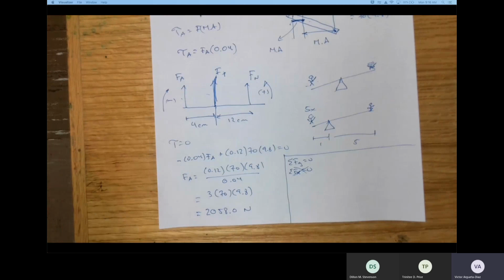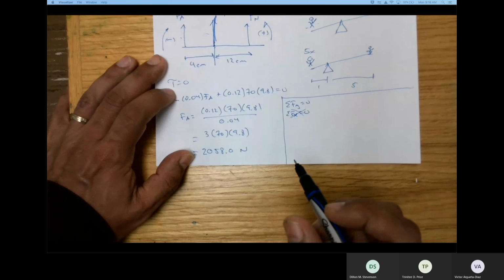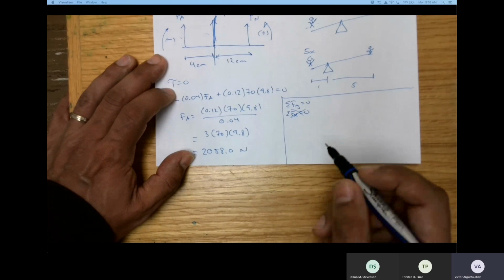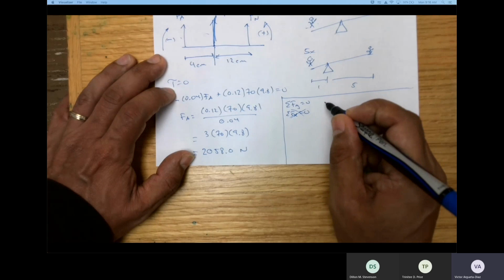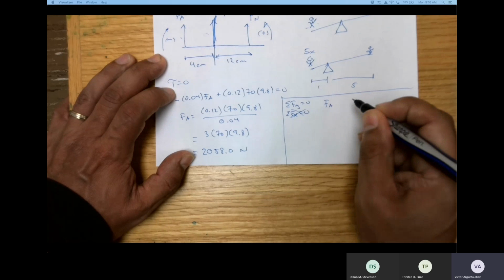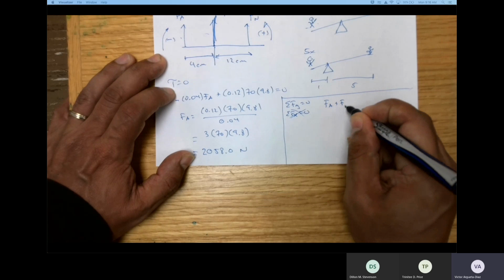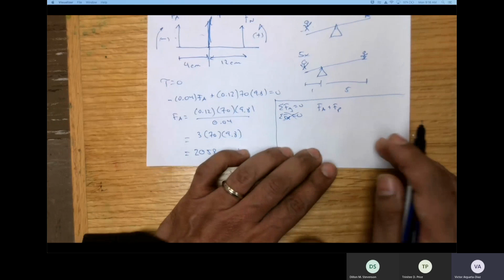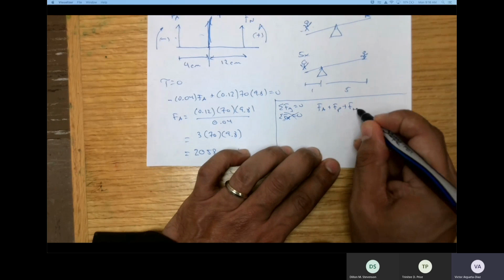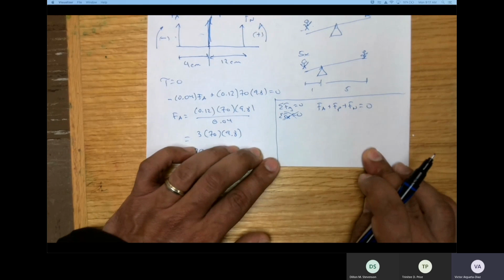Now, I don't know the direction of the reaction force on the ankle, so I'm going to assume that it's positive. Again, I have no idea. So the sum of forces in y is going to be the force of the Achilles tendon plus the force of the joint that we want to find out plus the normal force, and that has to be equal to 0.